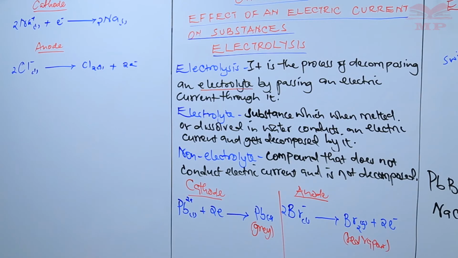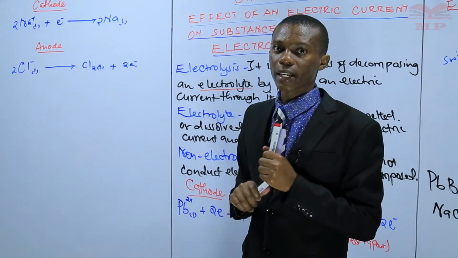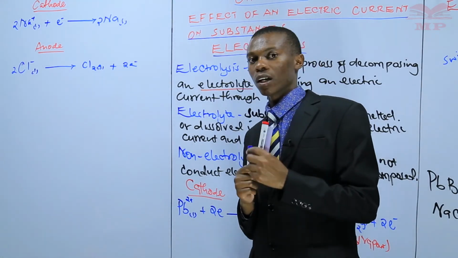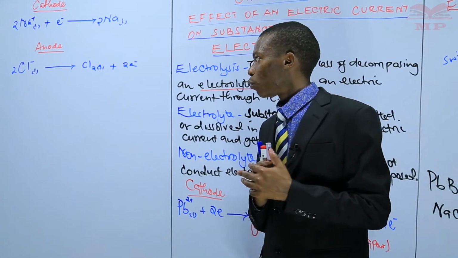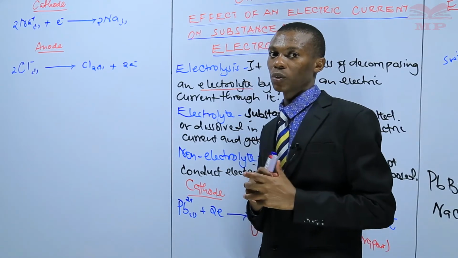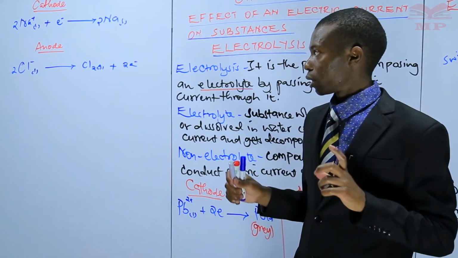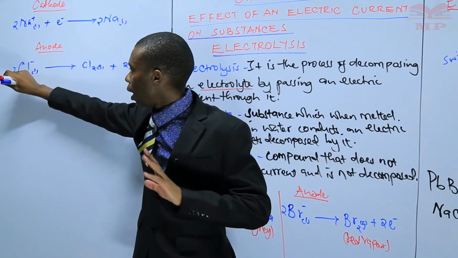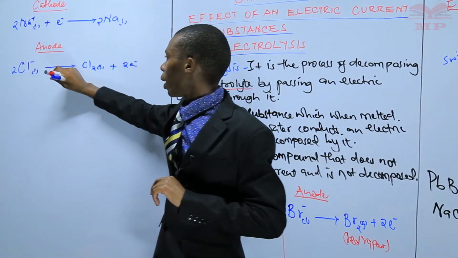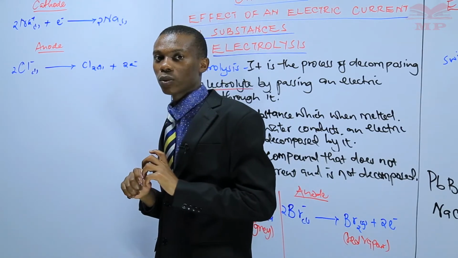Therefore, the equation again should be balanced. Chlorine is an element in group 7 of the periodic table. For it to form ions, it gains 1 electron. To change from an ion to an atom, it will have to lose the 1 electron.